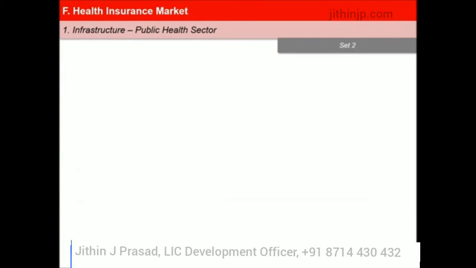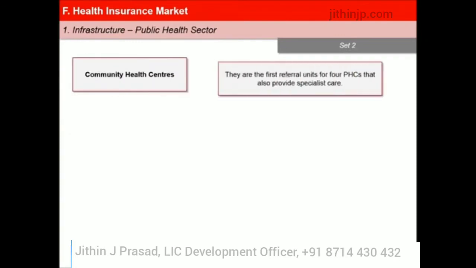Fourth, community health centers. These are the first referral units for 4 PHCs that also provide specialist care. According to the norms, each CHC would have at least 30 beds, 1 operation theatre, X-ray machine, labor room, and laboratory facilities, and should be staffed by at least 4 specialists supported by 21 paramedical and other staff.